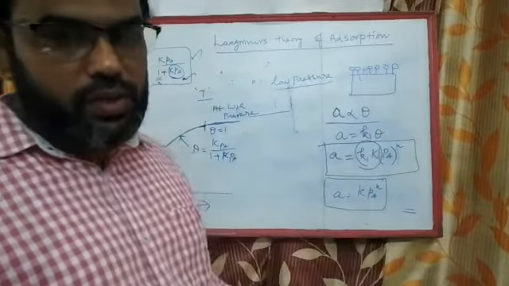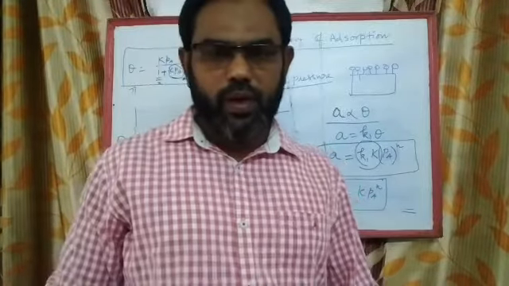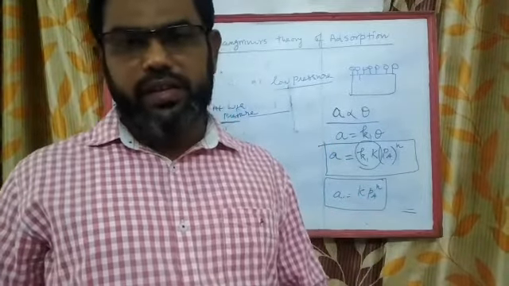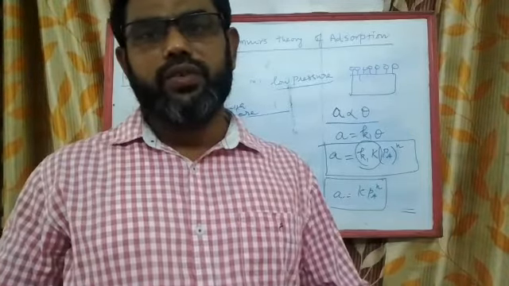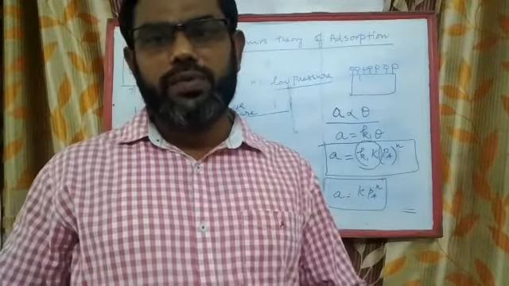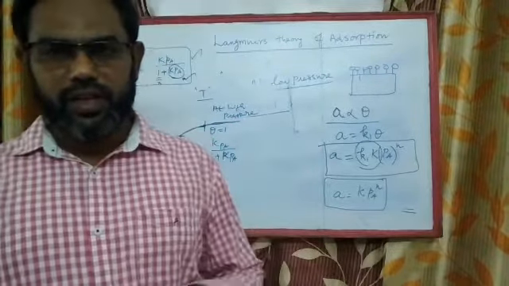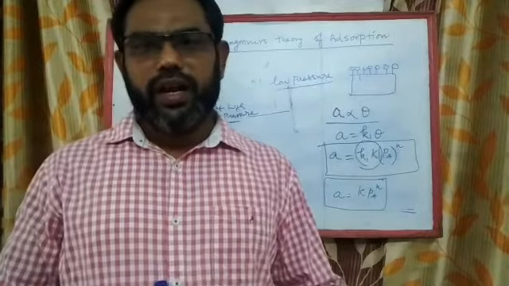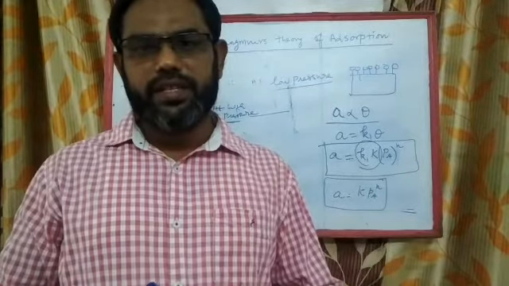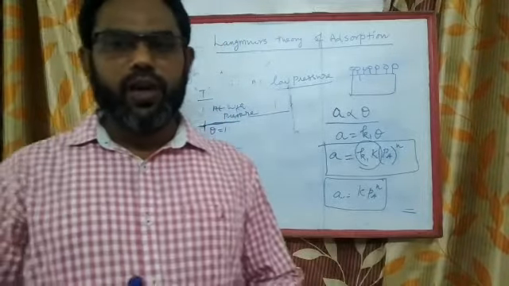Okay, so I will recollect the points once again. Langmuir's adsorption isotherm is a theory used for deriving adsorption isotherm for a monomolecular layer of adsorption. Irving Langmuir, who contributed to a greater extent to surface chemistry, was awarded the Nobel Prize for his contribution.